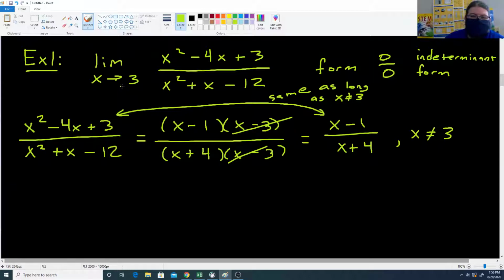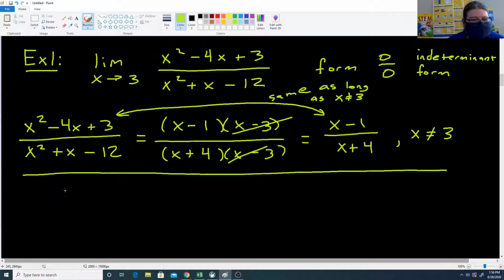Well, if you're looking at the limit at 3, then the limit doesn't actually care what happens at 3. The limit cares about stuff to the left of 3, like 2.999, and stuff to the right of 3, like 3.0001. So the limit of this will equal the limit of this. These two limits will be equal because the limit doesn't depend on the value at 3.